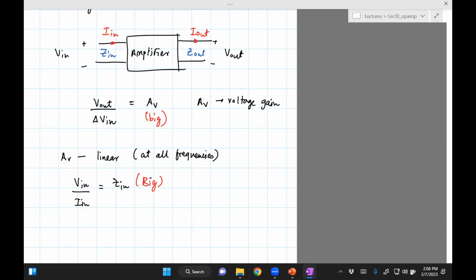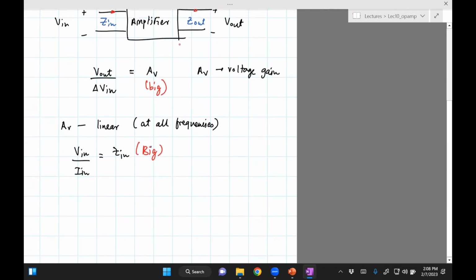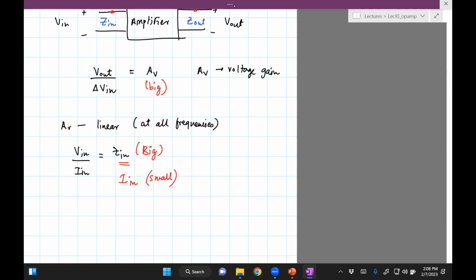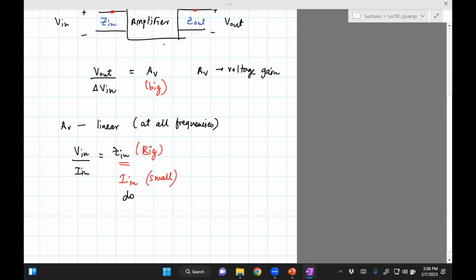So you want it to have minimal effect on the current of the load which is connected. Having a big impedance means that I in is small, and that doesn't affect the current in the load.